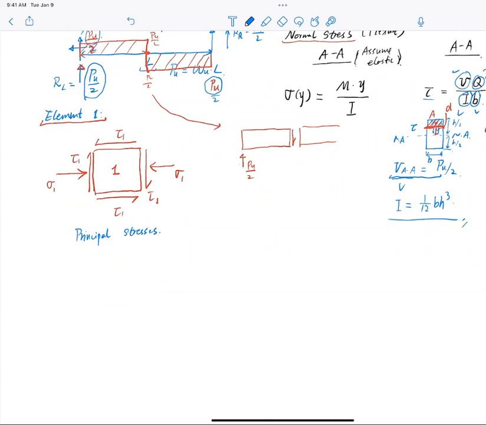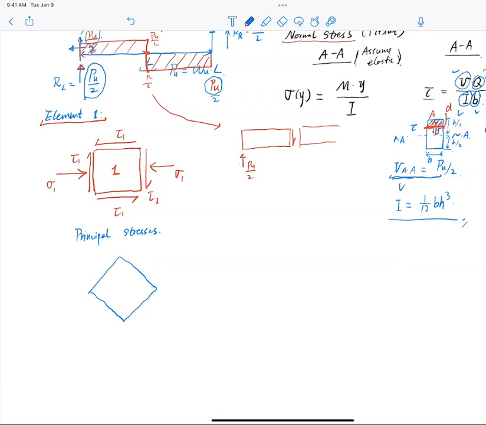In this case, I can always rotate the element, and be careful when I say that, and turn the thing into a pure normal stress state. That means only compression and tension.